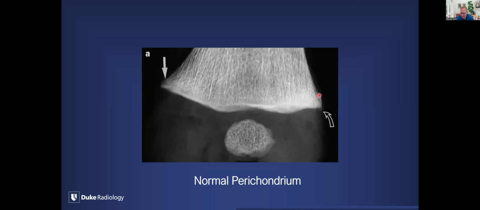This illustrates the two components: the metaphyseal bone collar and the metaphyseal bone spur. When I'm looking at cases where there's concern for abuse and I see this, I'm actually quite happy because I know they're normal. So first and most importantly, know that these structures exist. We can see them on radiographs, CT, ultrasound, and MRI. If we're not exactly sure, we can use ultrasound to look at this area because it shows up quite well.